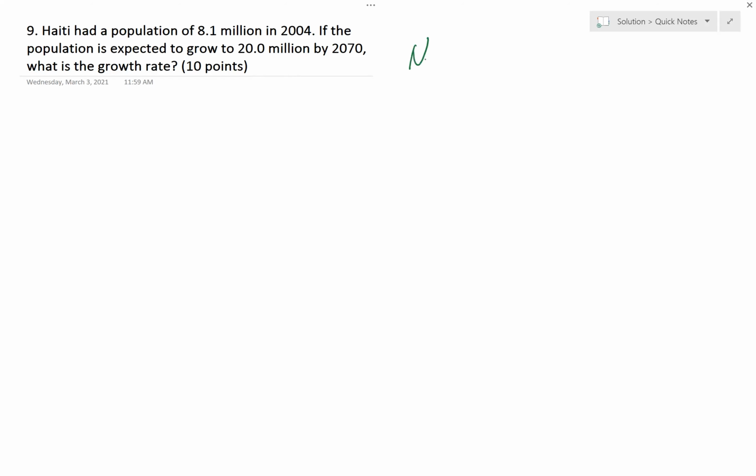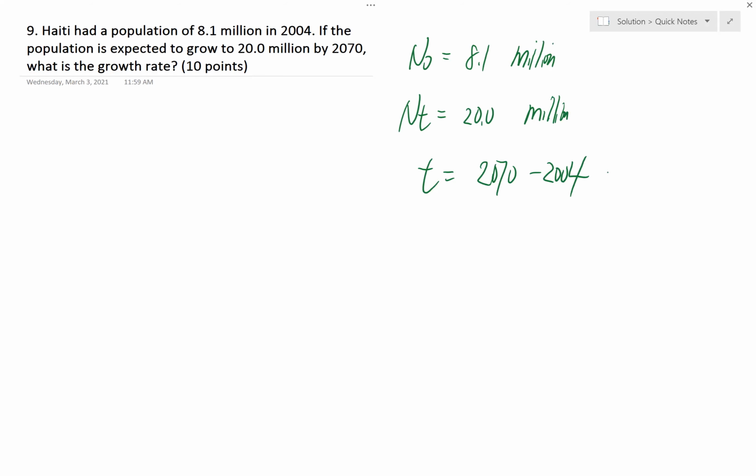N0 is given, 8.1 million in 2004. Expected to grow to 20 million, that means NT is also given, 20.0 million. And time T is given between 2070 and 2004. There are 66 years.